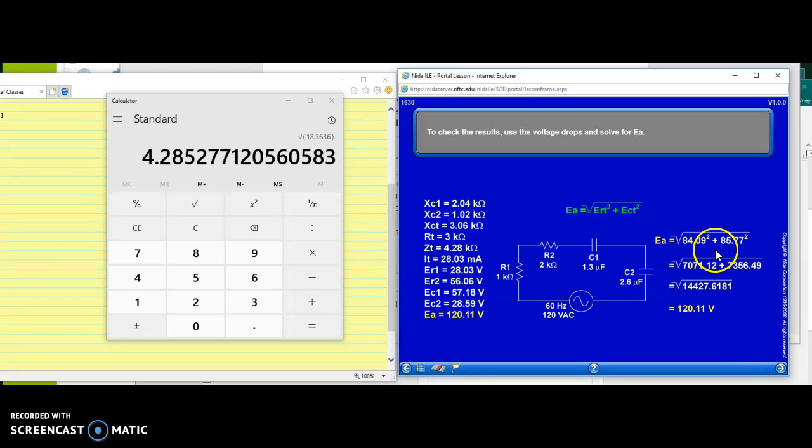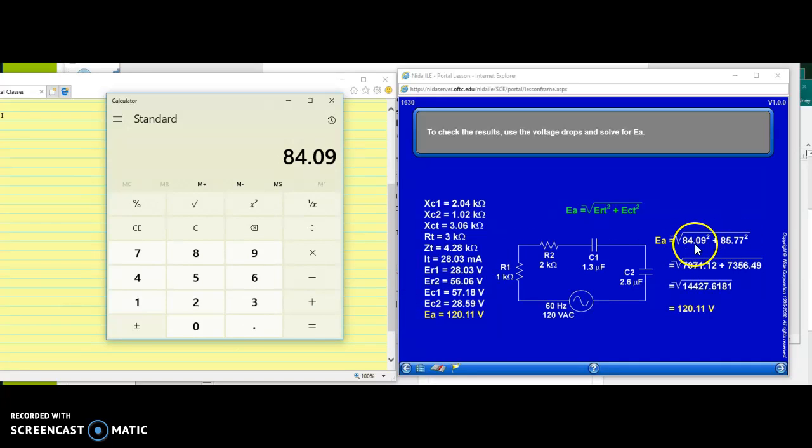But we can take this formula. We can add the two ERs, we can add the two ECs, and we can get the square root. So ER1 is 28.03 plus 56.06 equals 84.09.